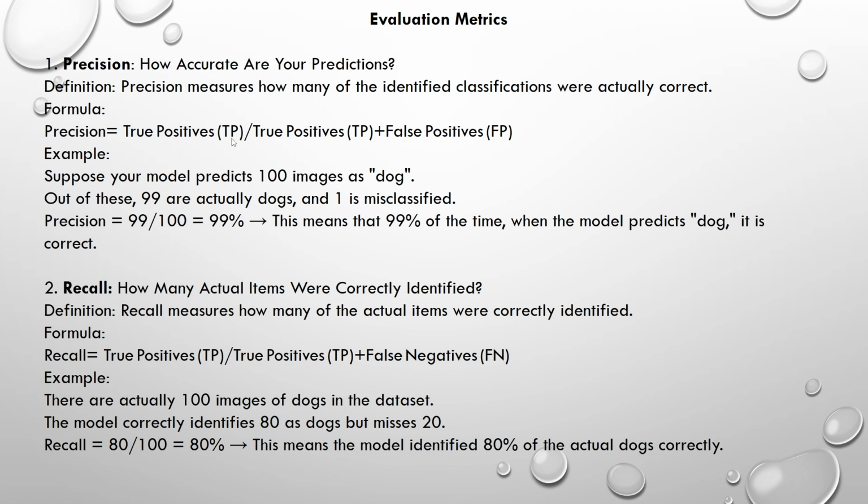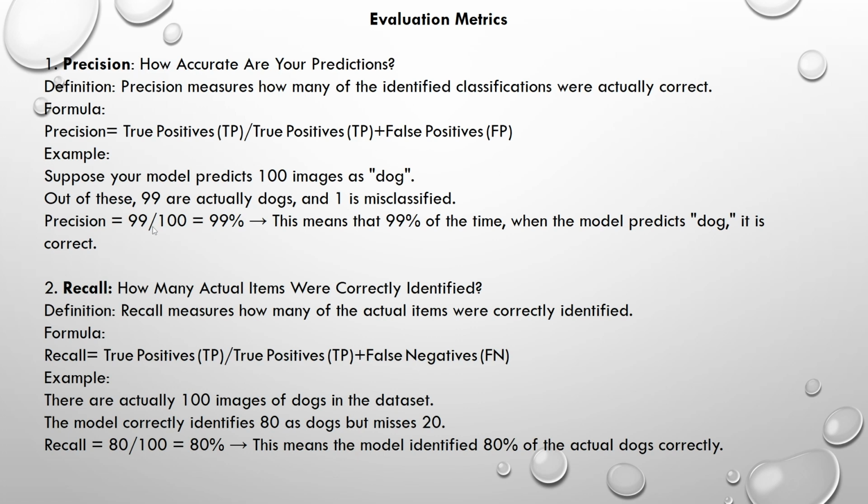Now, precision is true positive divided by true positive, which is again 99, plus false positive. Now, what is false positive? Here, one is false positive, which the model categorized as positive. That means the model said that image is that of a dog, but that was a false positive, which is a wrong detection or wrong classification. Now, precision is calculated as true positive divided by true positive plus false positive.